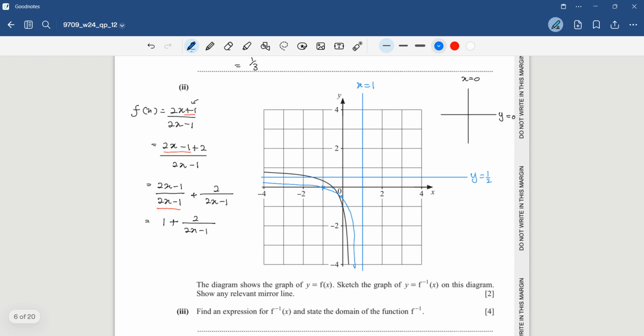Okay, so I can erase this because this is not necessary. So your graph will look something like this. This will be y equals f inverse x, and it's going to be something like this.